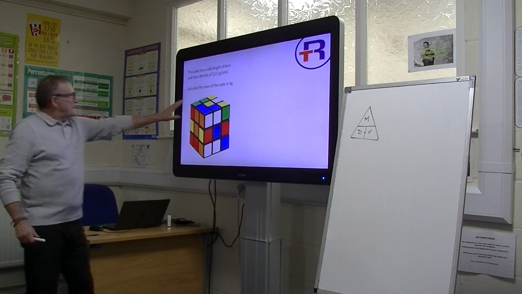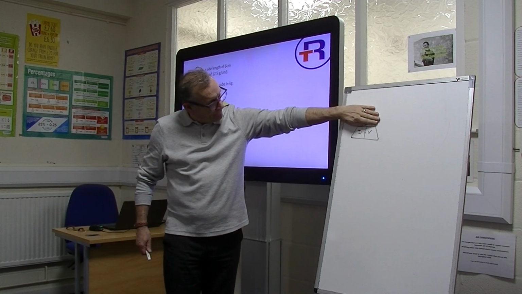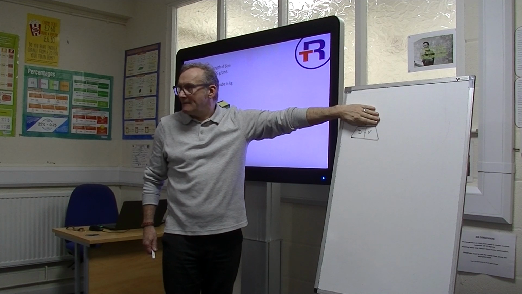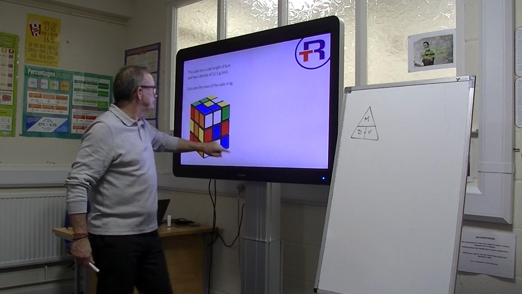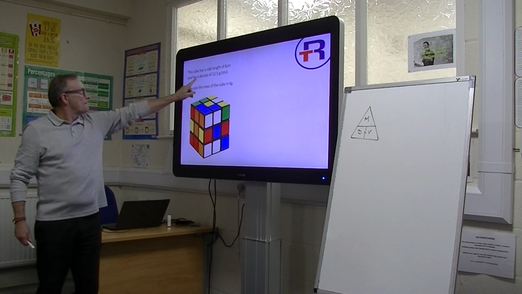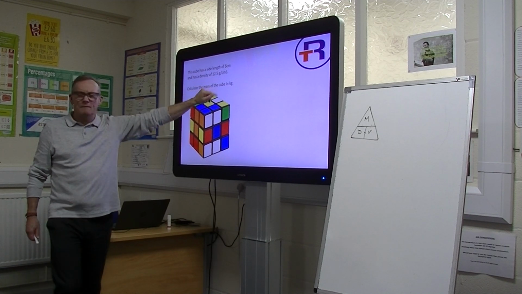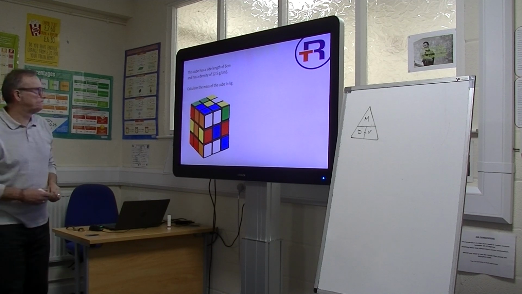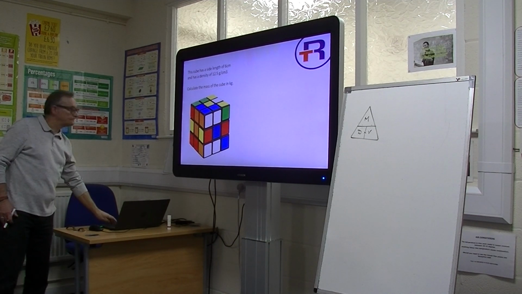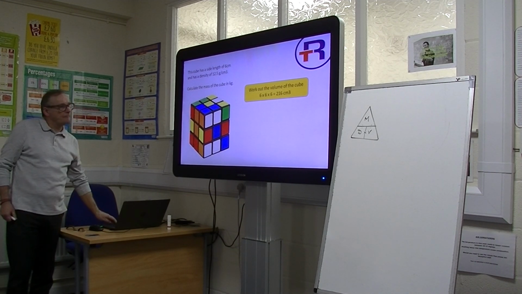So we're looking for the mass of this cube. Density times volume, is that right? 12.5. What's the volume? 6 times 6 times 6, isn't it? So work out the volume of the cube first. 6 times 6 times 6, that's 216.